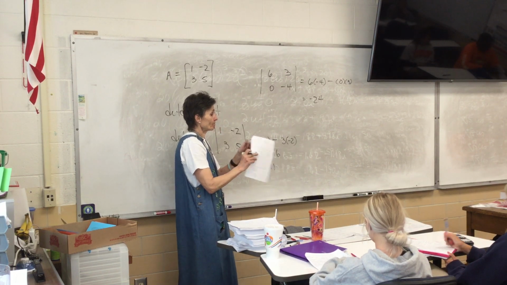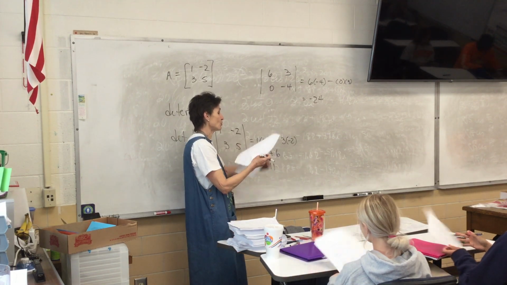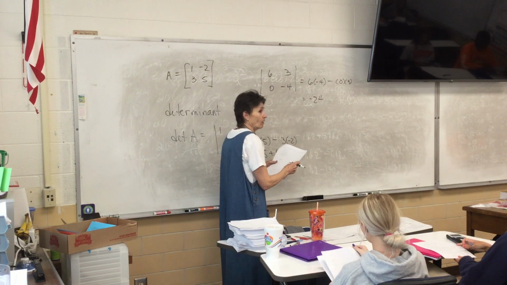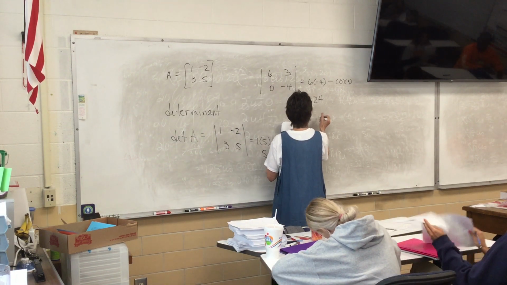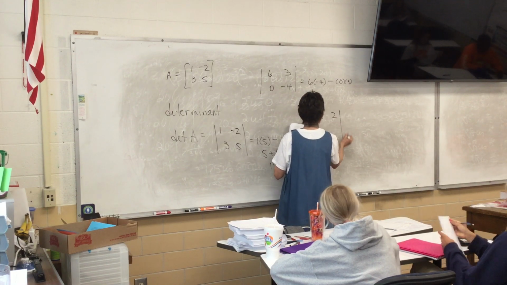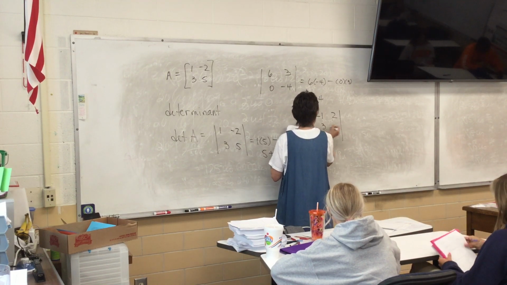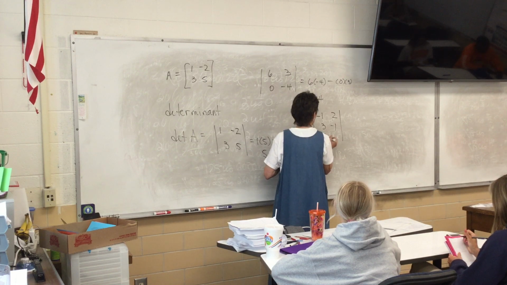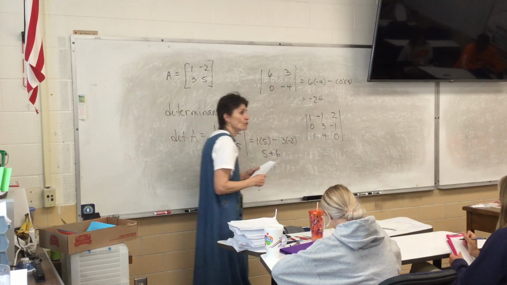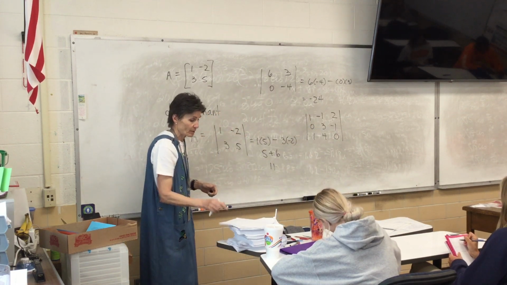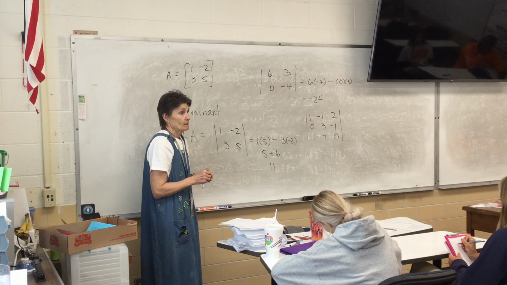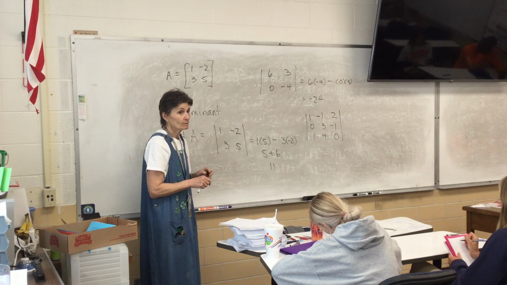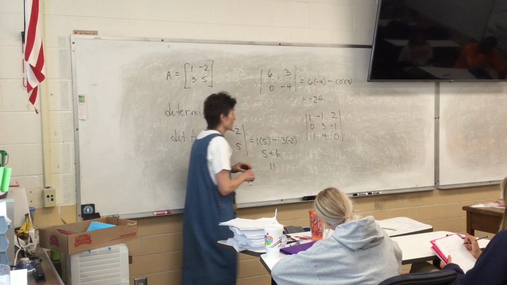Okay? Now we're going to find the determinant of C. C is bigger. We're going to find the determinant of that matrix. So everybody sees that it's bigger, right? So here's how you do a big one like that.